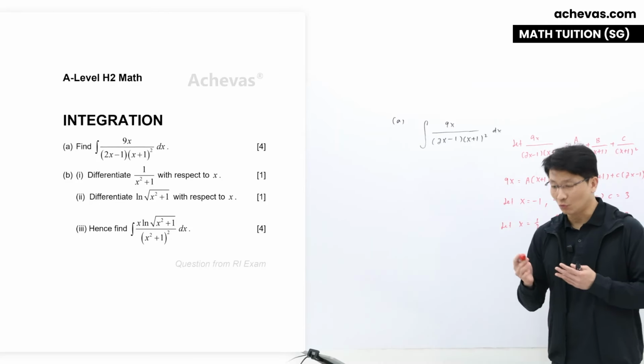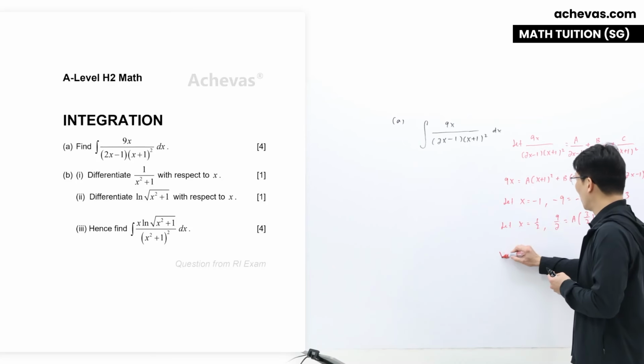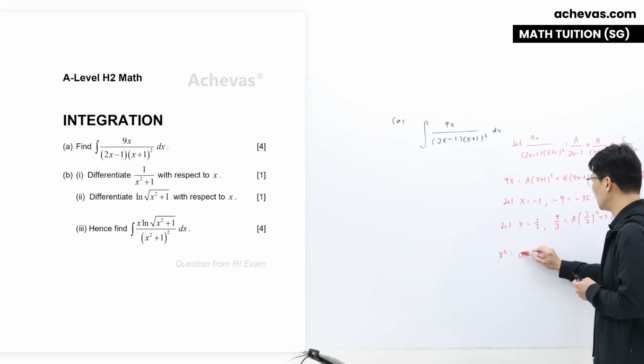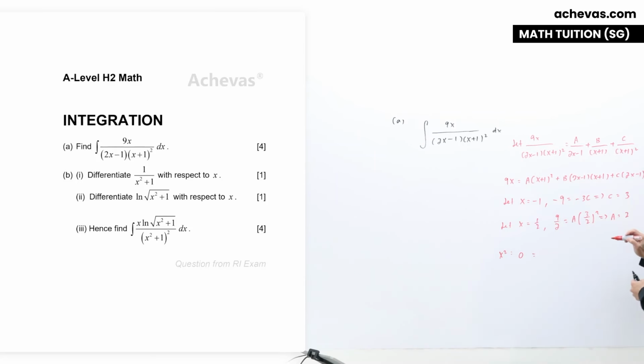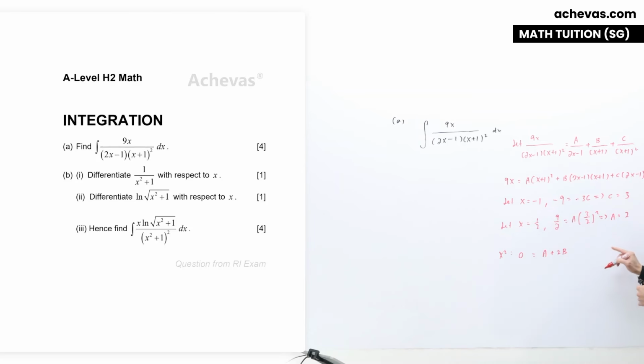And lastly, I'm going to equate coefficients for my x squared. By comparison, the left-hand side will be equal to 0. For the right-hand side, it will just be equal to A plus 2B. And since we already have the value of A, we can sub in. From here, we can solve that B equal to minus 1.